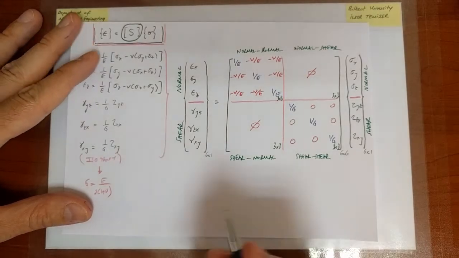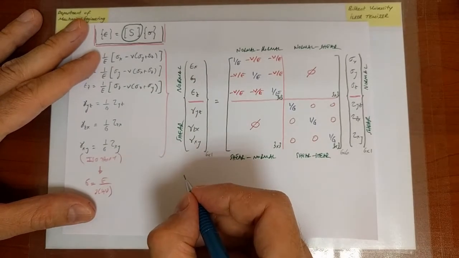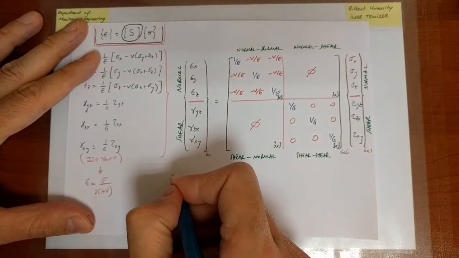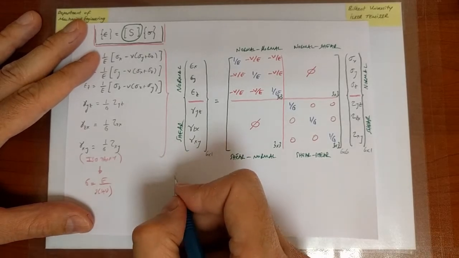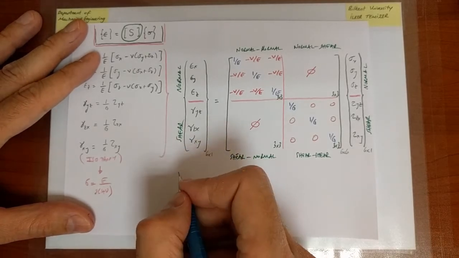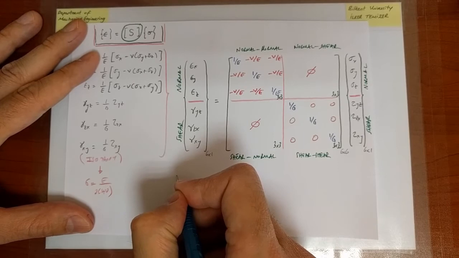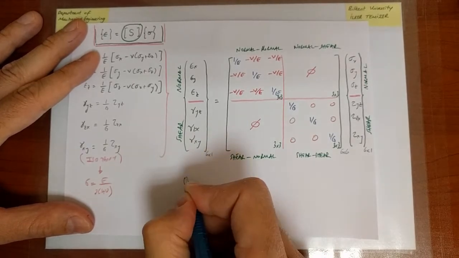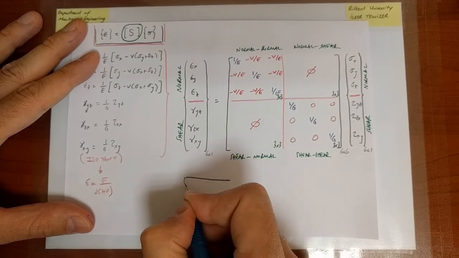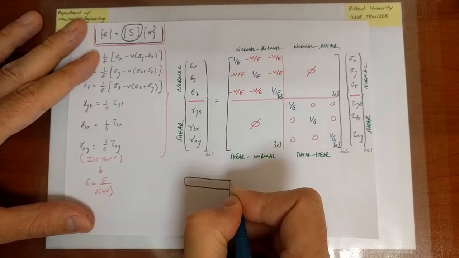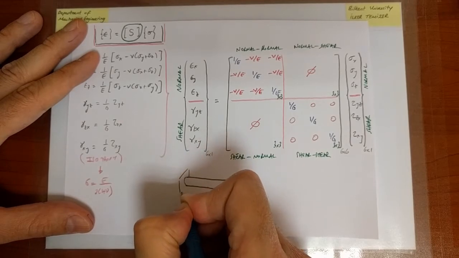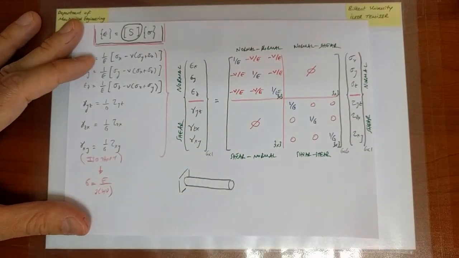Okay, so let's put those observations in an example. So let us imagine that we have a cylinder and I pull on it.